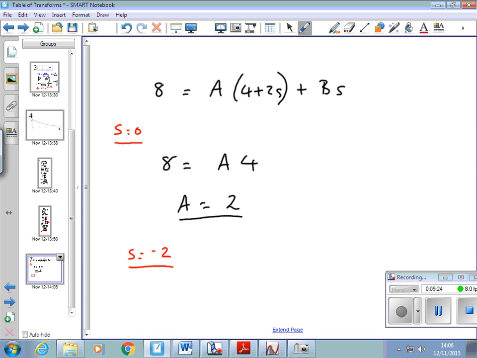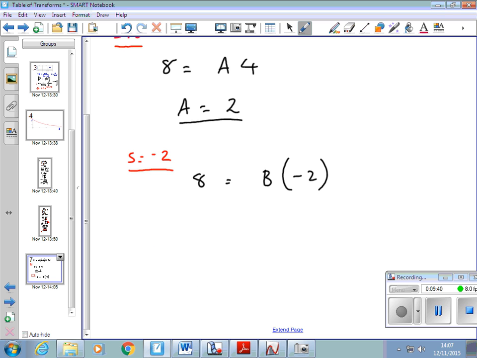So s equal to minus 2, I can say 8 equals, a has disappeared, b times minus 2. So dividing both sides by minus 2, b equals minus 4.